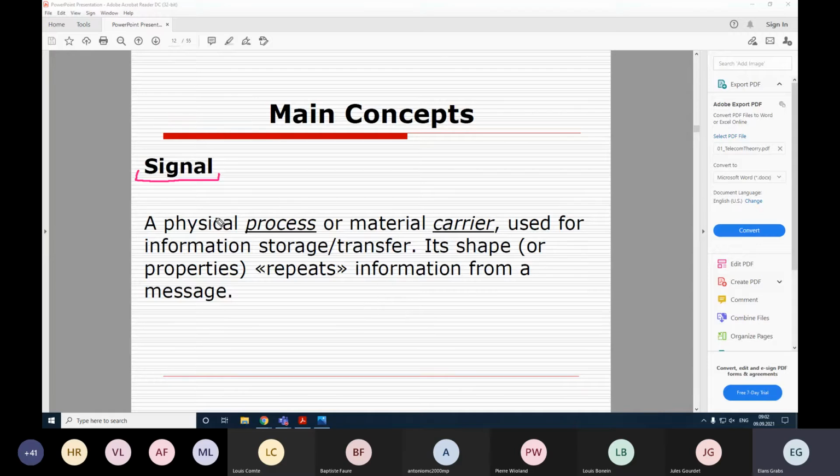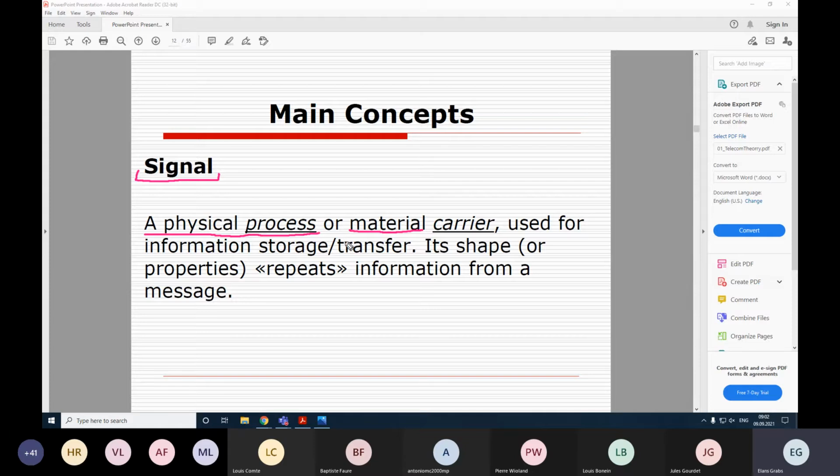So what is a signal? A signal is some material, a physically existing process, or some material like paper, wood, metal, stone, or anything like that, some material we use to craft things.